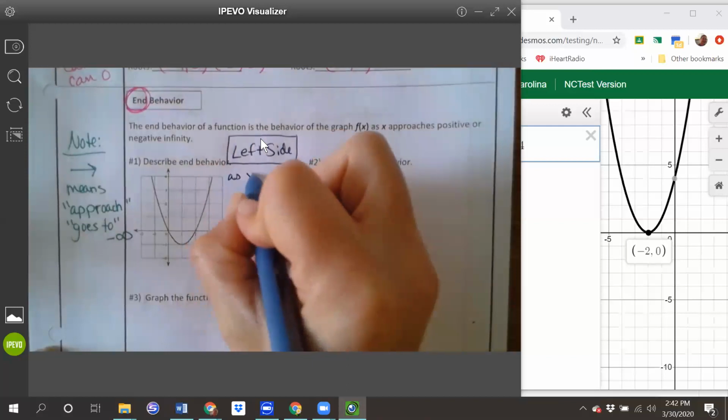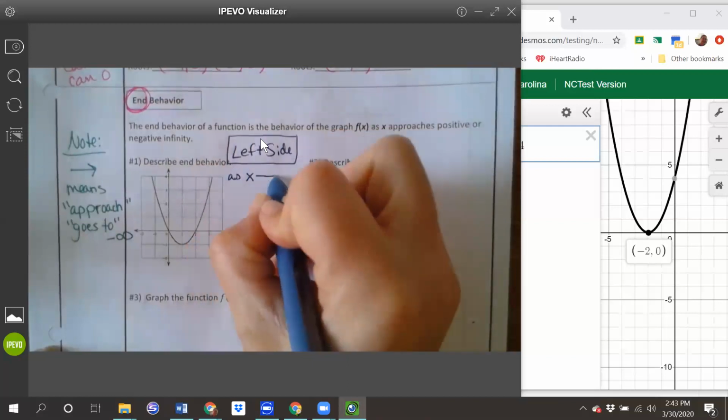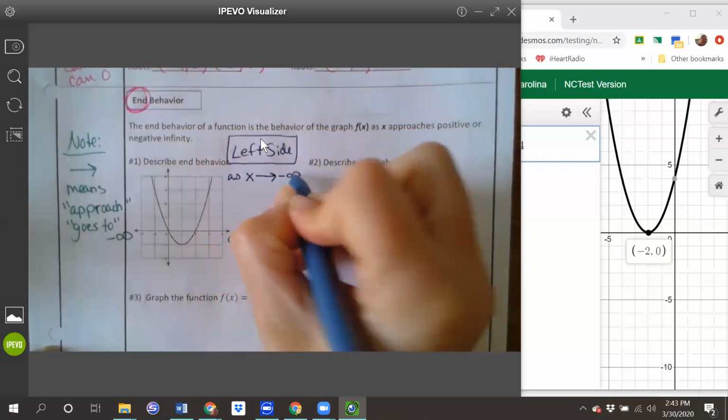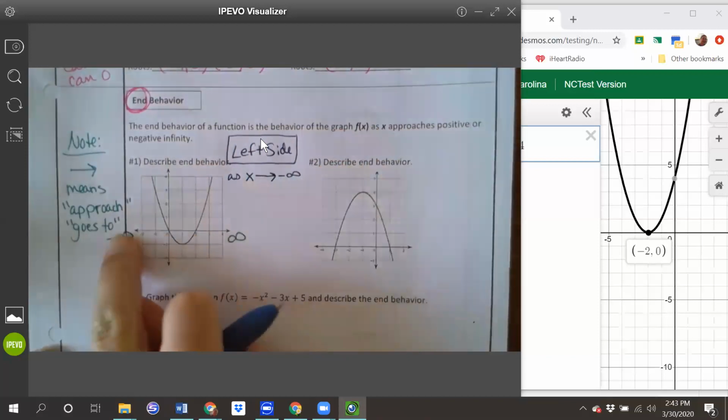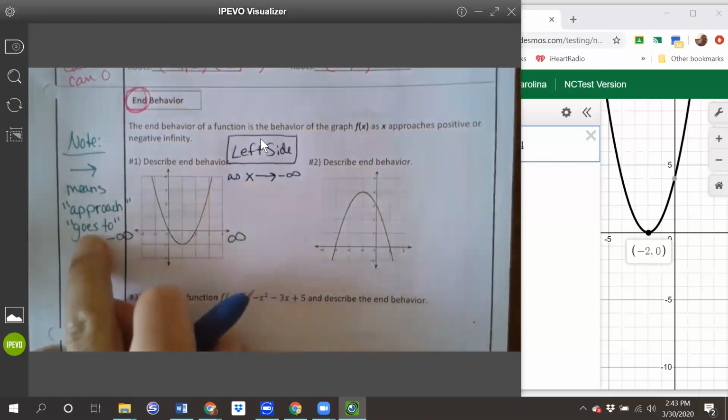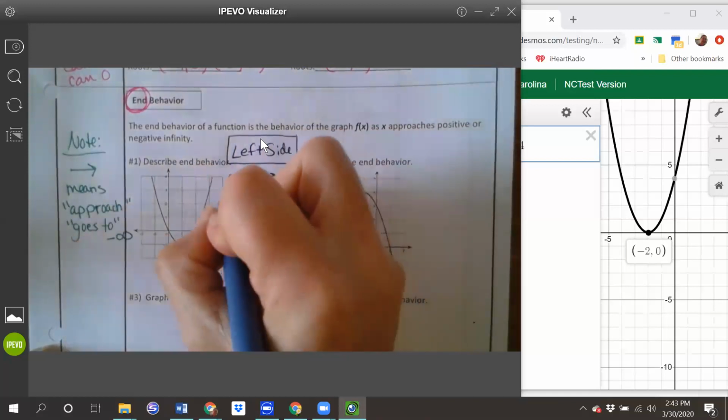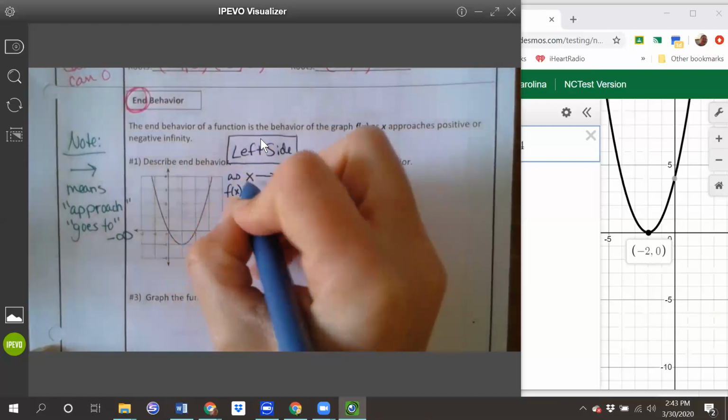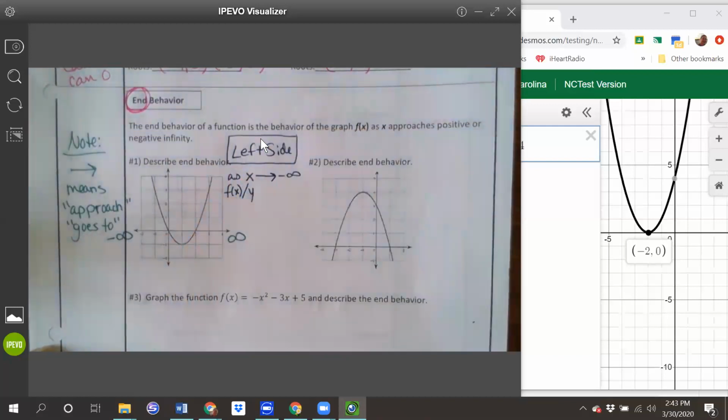As my x's go towards negative infinity, that means that I'm going off as far as I can to the left. My f of x values, remember, that's the same as y values. Those two things are the same thing.